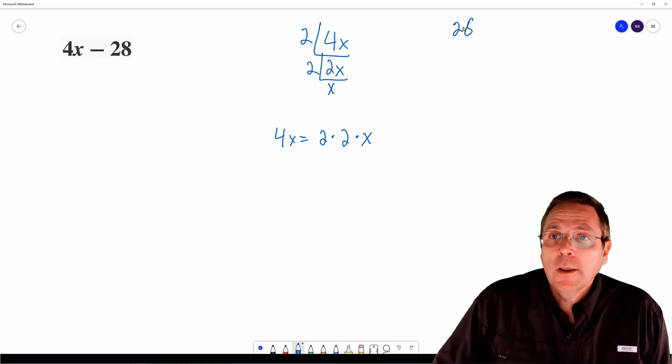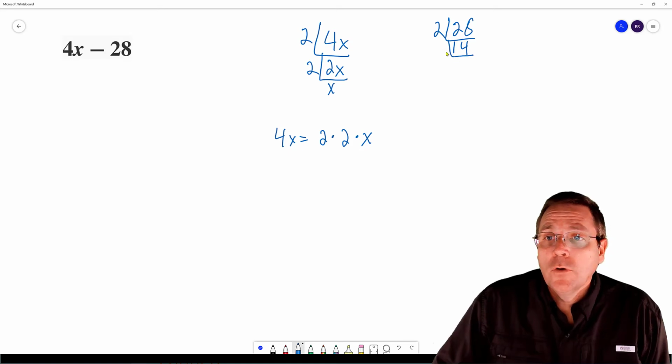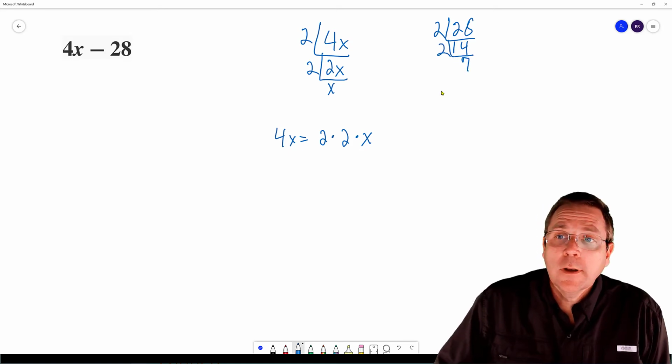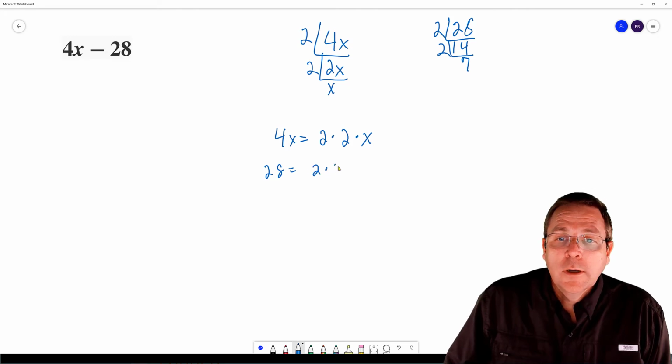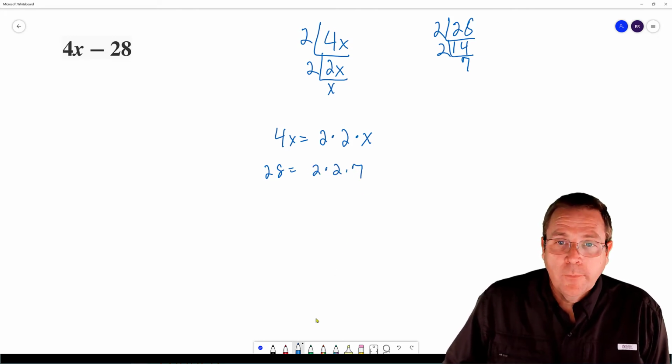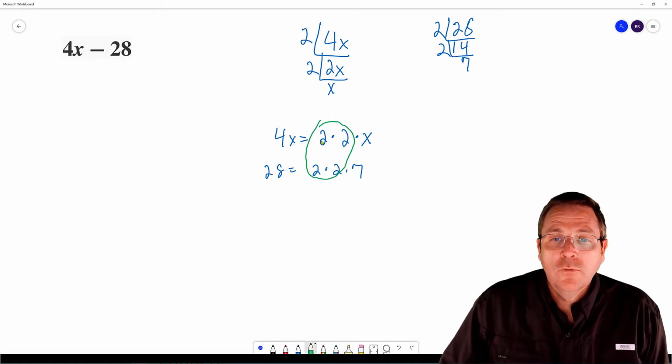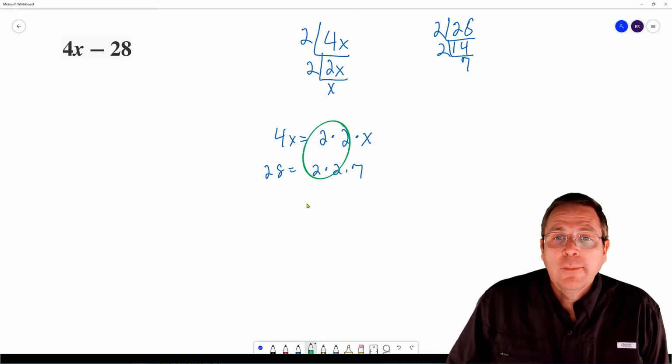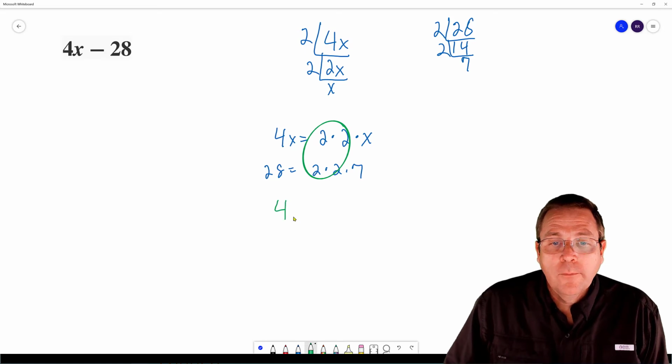Meanwhile, 28: 2 goes into 28 14 times, 2 goes into 14 7 times, so 28 equals 2 times 2 times 7. What do they share? They share two 2's, so 2 times 2 gives me 4.